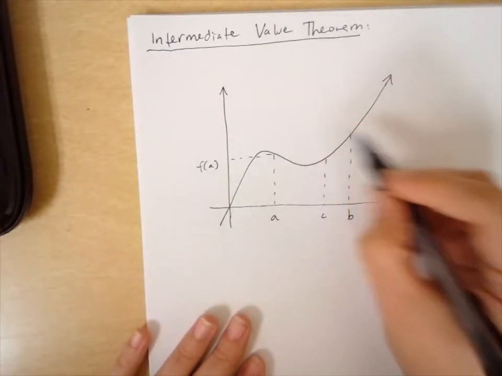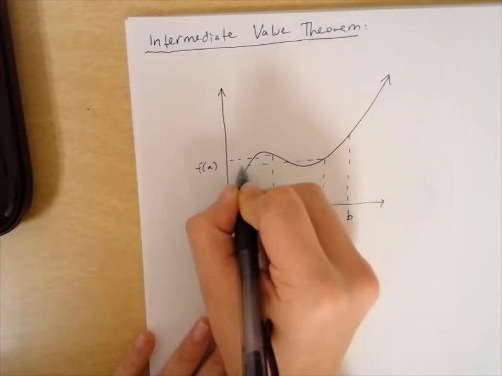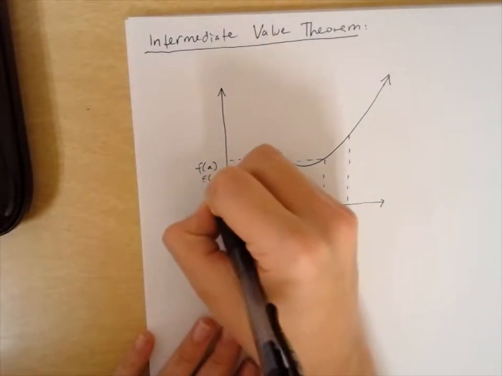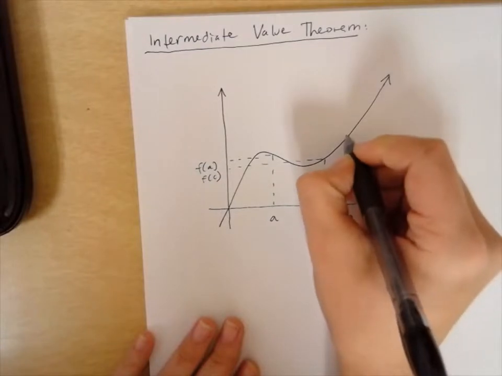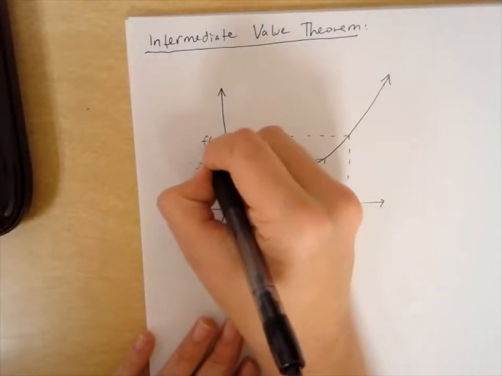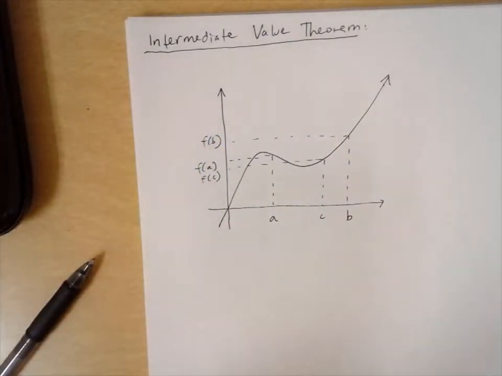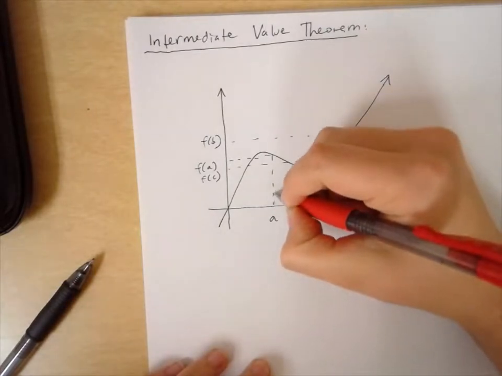Ooh, I should have made that up higher. That's okay. An f of c value, and there's also going to be an f of a b value. Okay. Maybe let's make those different colors. So let's call this one the a one.